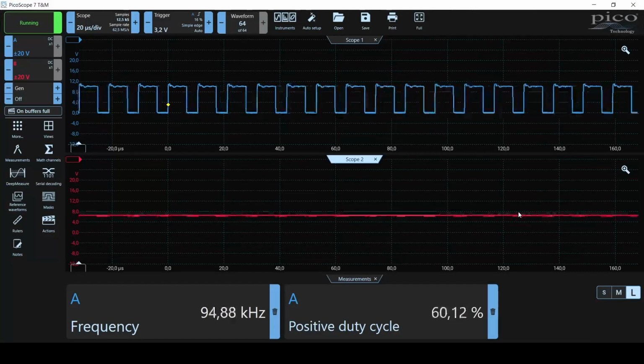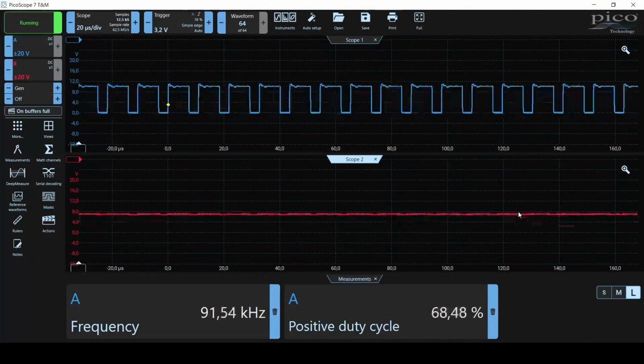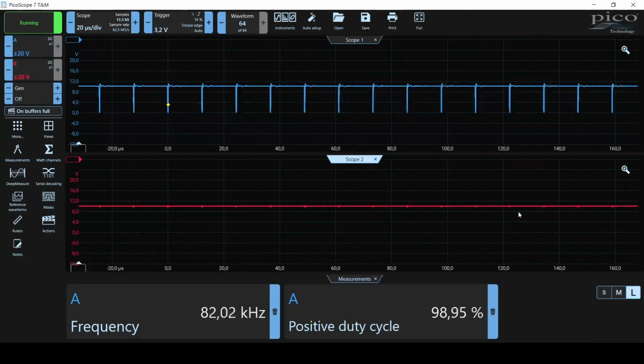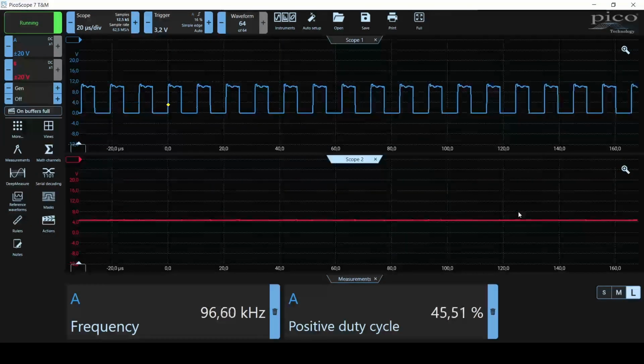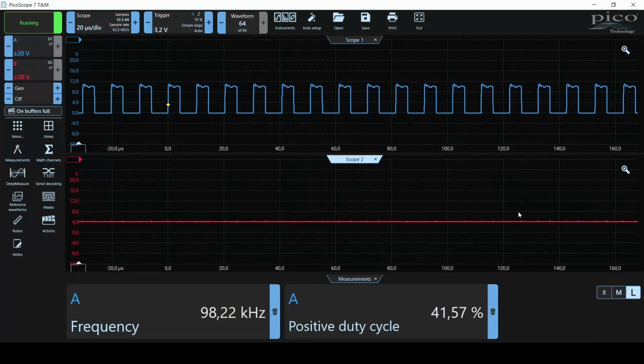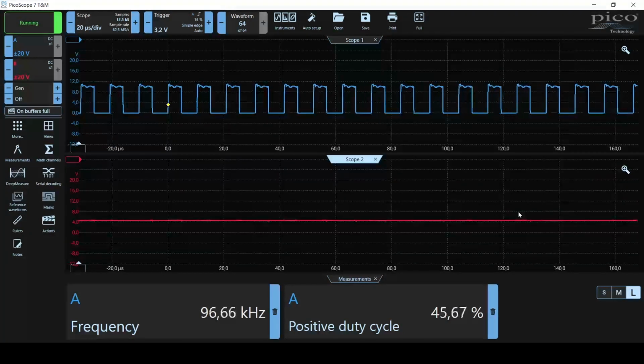changes. So if I turn it up to 100%, we can see on the oscilloscope screen that we are measuring a voltage of almost 12 volts. If I turn down the duty cycle with the potentiometer to 50%, we should measure about 6 volts. It's now measuring 4.2 because I've gone down a little bit too much.